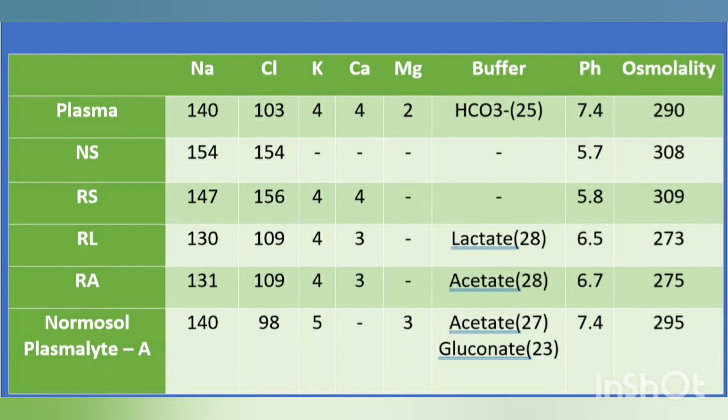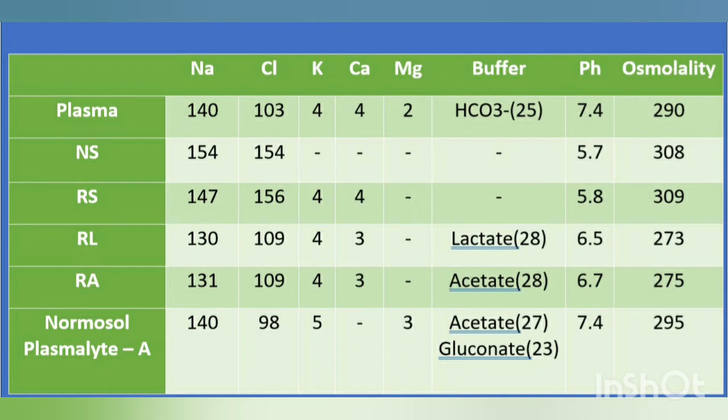If we look at the normal saline, the sodium content is much higher than the plasma, that is 154. The chloride content is also higher, 154, which gives us a low pH, 5.7, and a higher osmolality, that is 308.